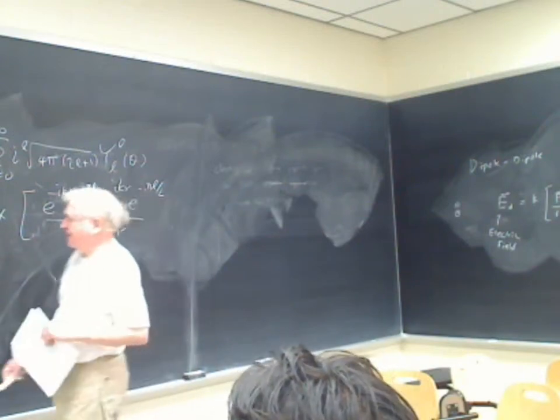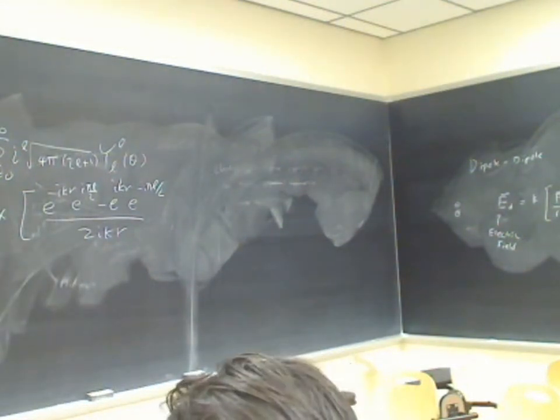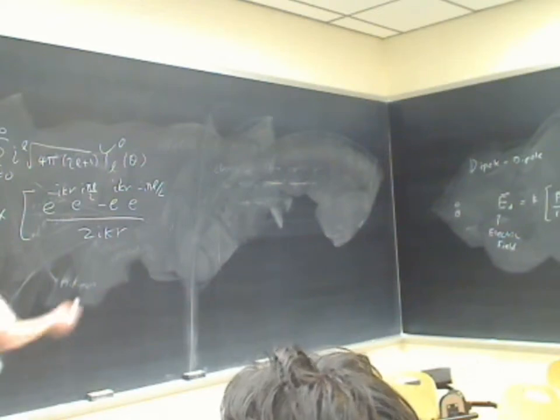So that's what comes out from writing e to the 2I delta L as 1 plus this. The one term kicks out this.